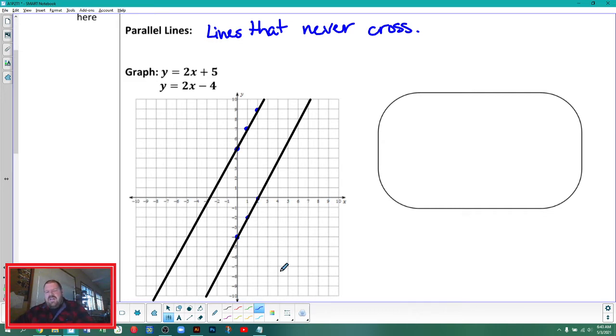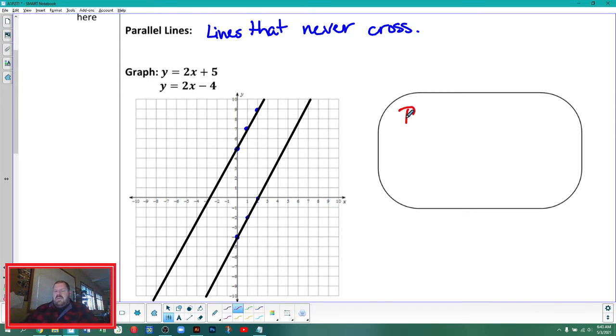In the equations, what we want to see is what's the same and what's different, and what could be the thing that affects whether lines are angled in a way that they cross. You may already know, or maybe you're not too surprised to find out, that it's all about the slope.